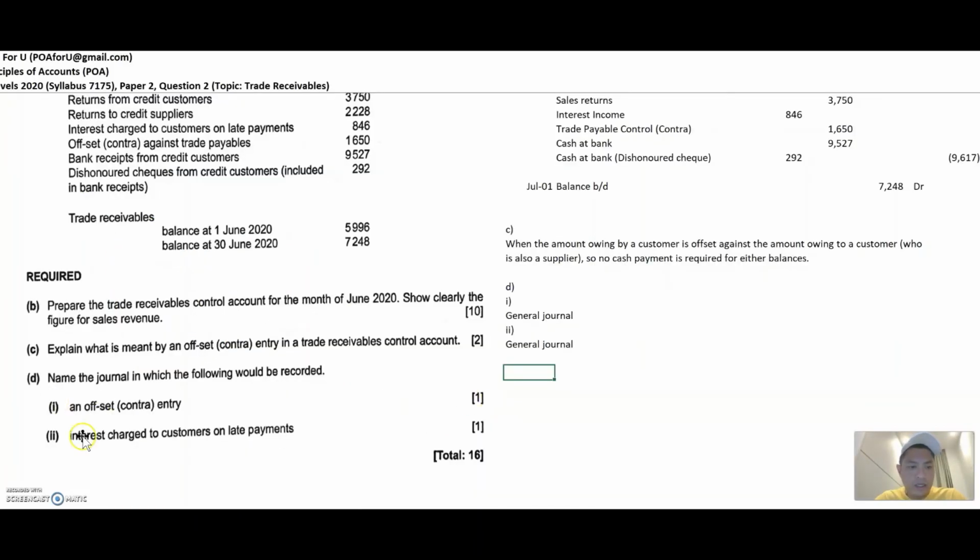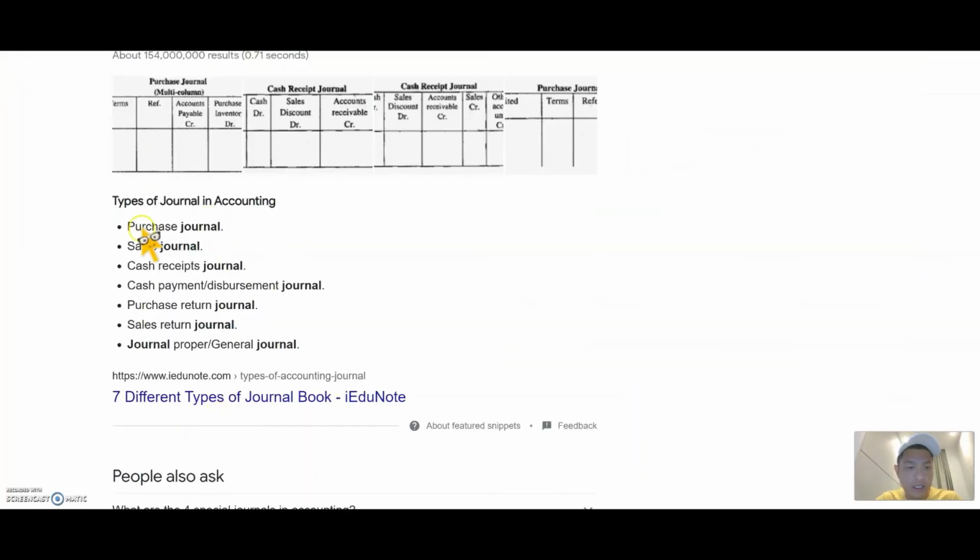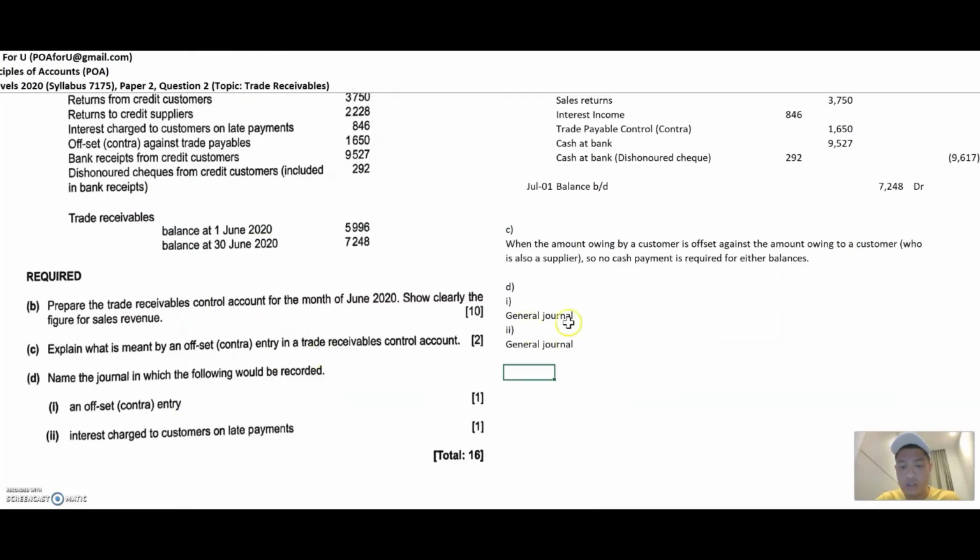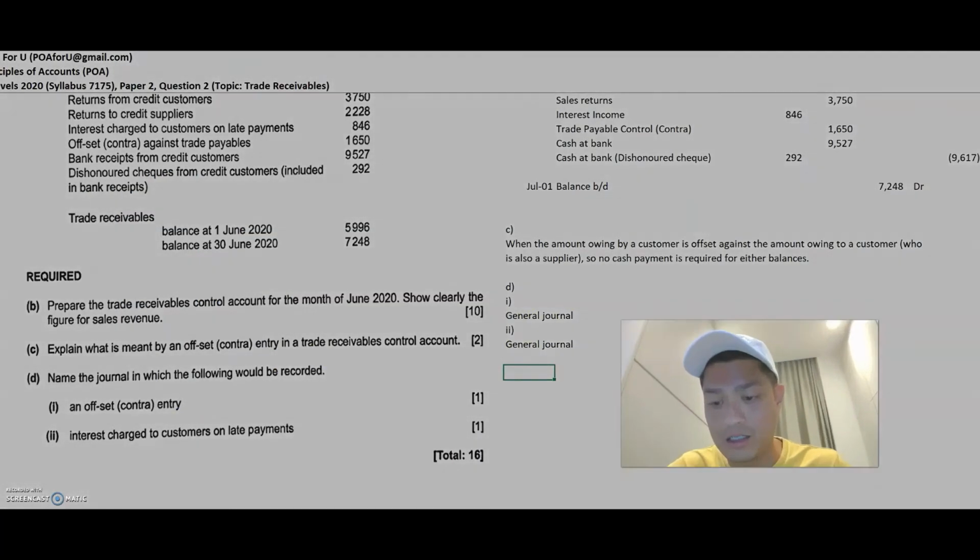So these two, offset and contra entries and interest charge, don't belong to any of the special journals, and therefore they should belong to the general journal. So if you look at the special journals again: purchase journal, sales journal, cash, purchase returns, sales returns, interest charge and contra hit none of these. So therefore, by elimination, it will go to the general journal. So that's where I have general journal as the answer.